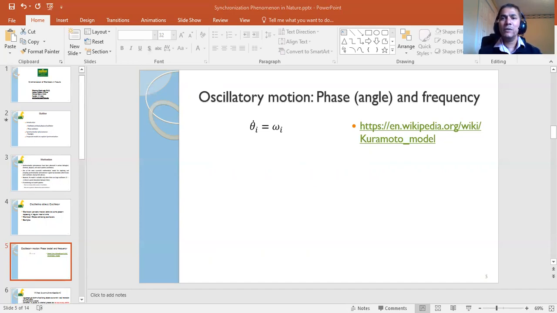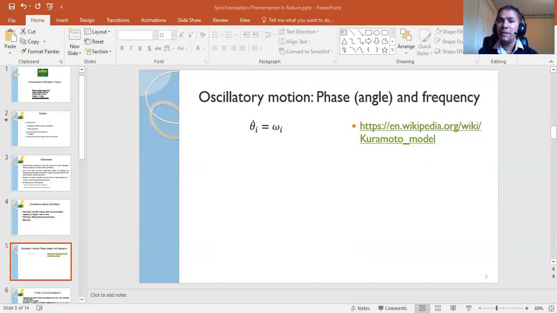In the second case, some of them are moving collectively together, some of them not. In the third case, they are perfectly moving in synchrony. And this is what we call synchronization. But right now, my intention is to make you comfortable about angle.